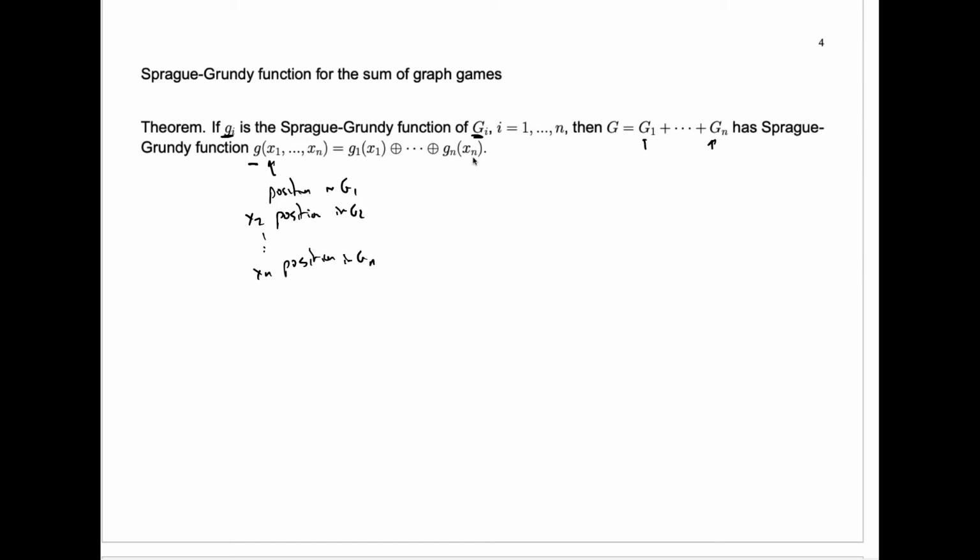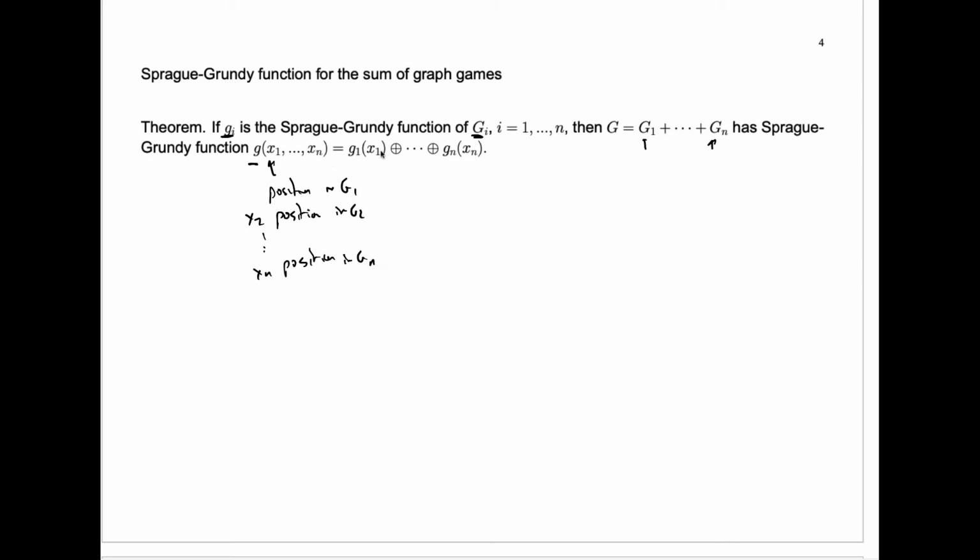And since knowing the Sprague-Grundy function tells you how to have a winning strategy, I'll remind you how that works. P positions are when the Sprague-Grundy function is 0. N positions are when the Sprague-Grundy function is non-zero. If you know the Sprague-Grundy function for each individual game, in other words, that will tell you how to play each individual game, then you know how to play the sum of games.